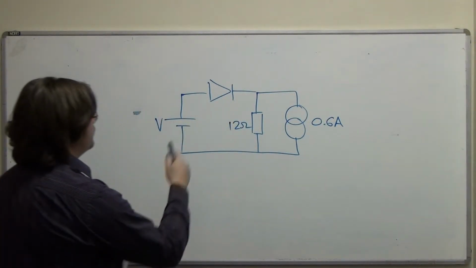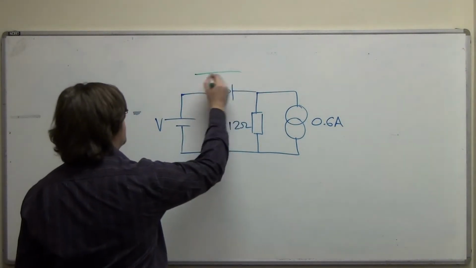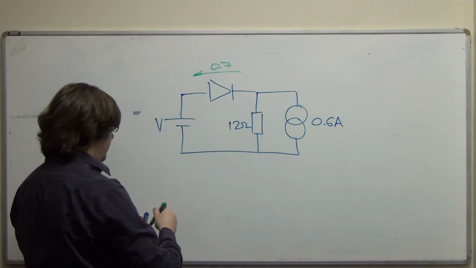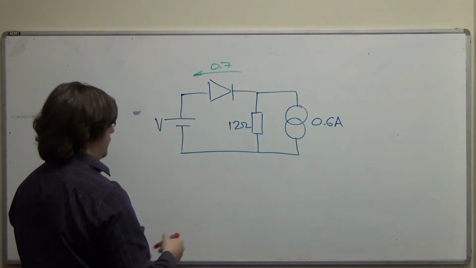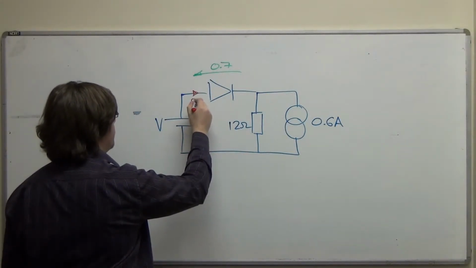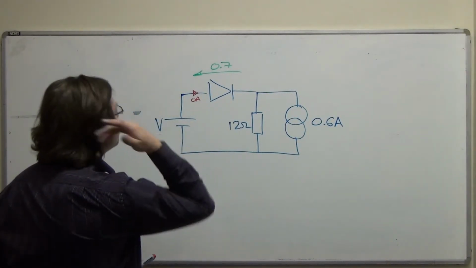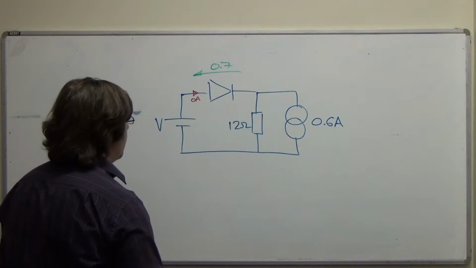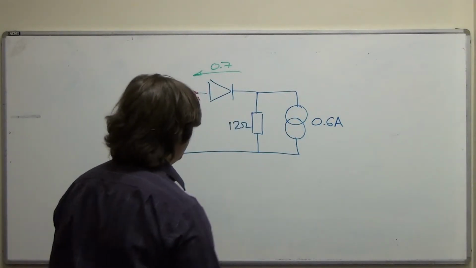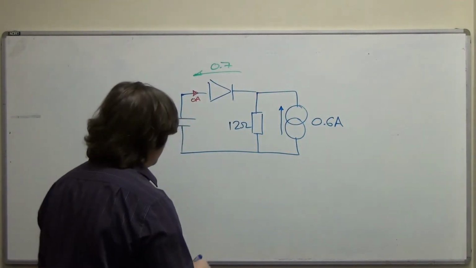So we can put on our diagram our usual, the diode is on the edge of conduction, so 0.7 volts across there, anode greater than cathode, and of course there can be no current flowing in the diode. Oh, I didn't put the direction for the current source either, did I? It's up the page. There we go.